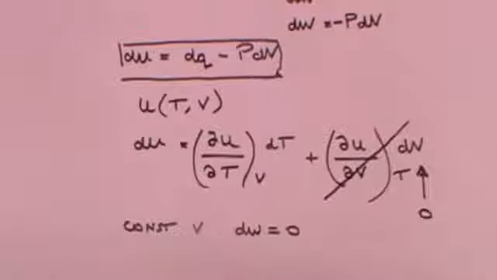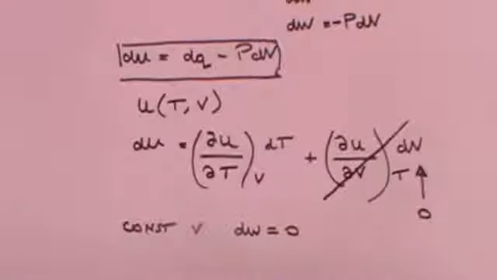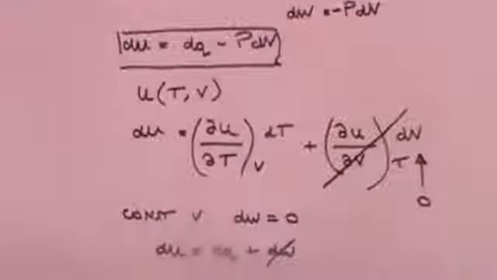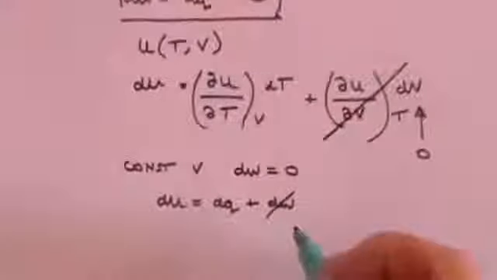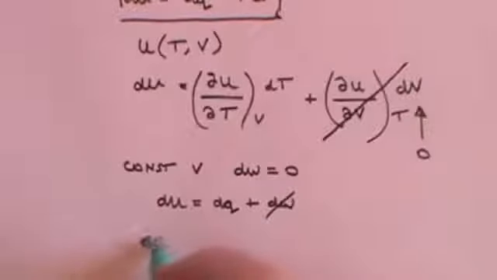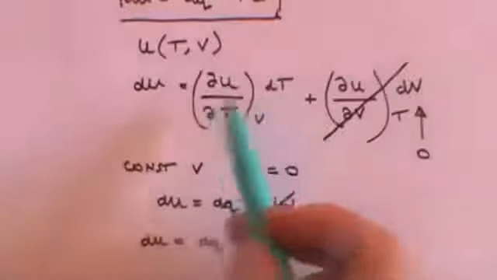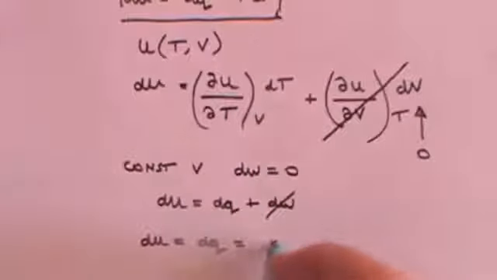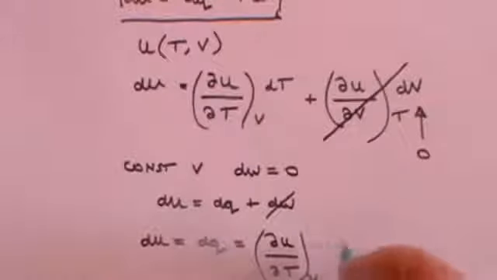If there's no change in volume, there's no change in work, and that means that dU is equal to dQ plus dW, but dW is 0, so dU is equal to dQ, and that means that dU equals dQ equals this term here, which is the partial derivative with respect to temperature at constant volume times dT.